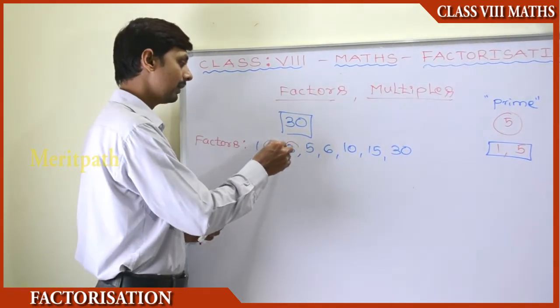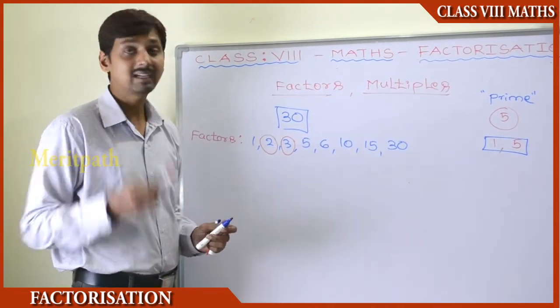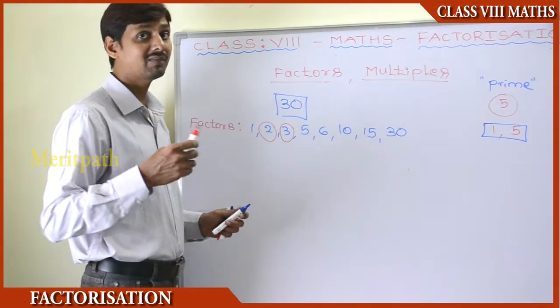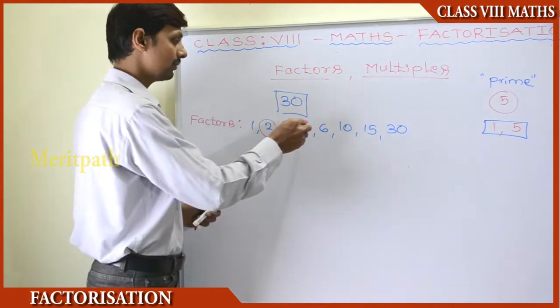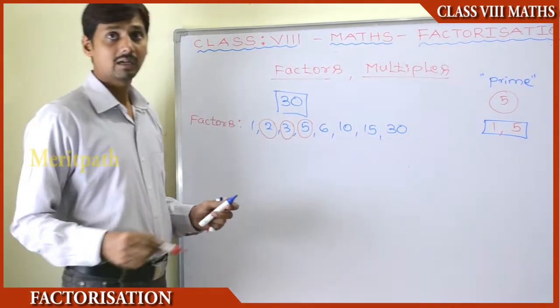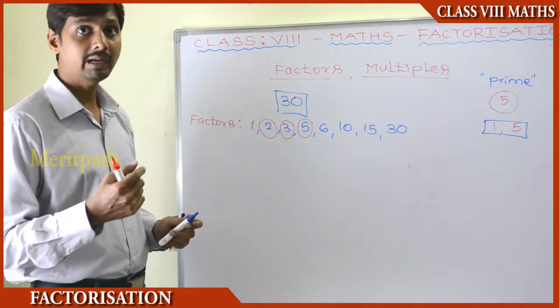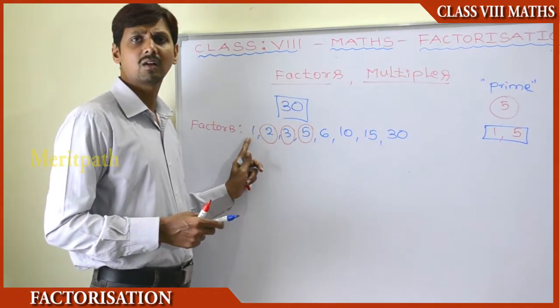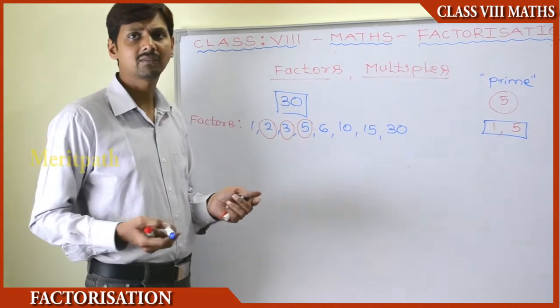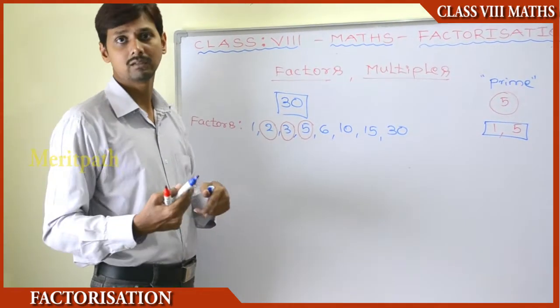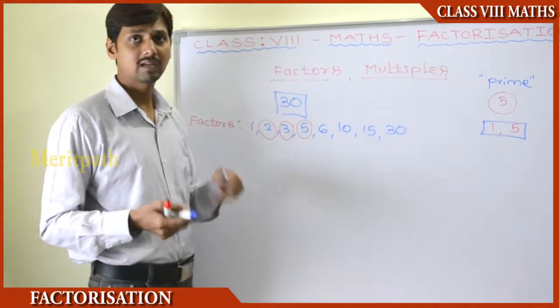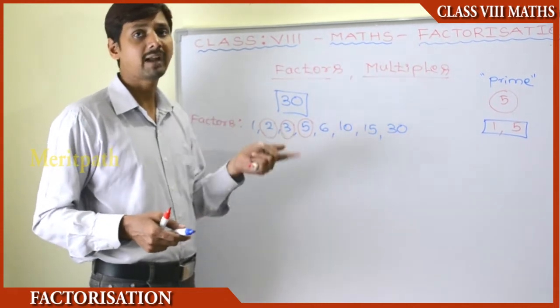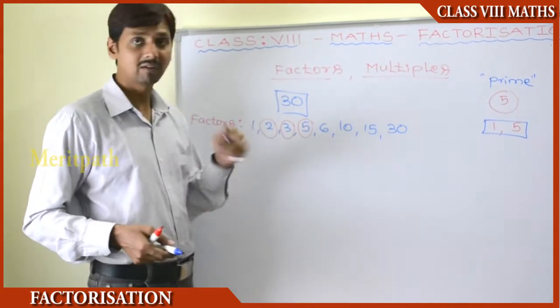The next is 3. 3 is also a prime number because it has the factors 1 and 3. The next one is 5. It has the factors 1 and 5, no other factors. 1 doesn't have any other factor. 1 is neither prime nor composite, so we will leave it.